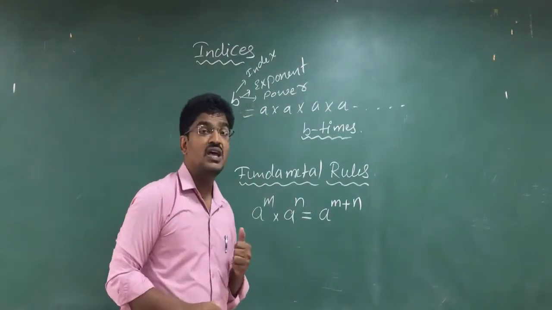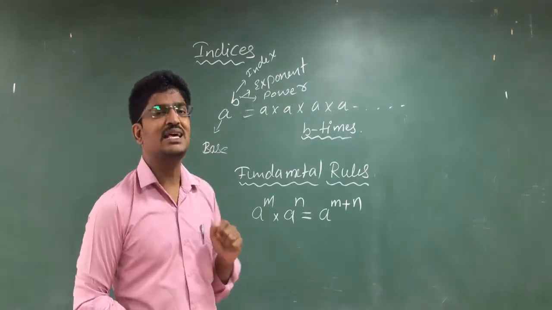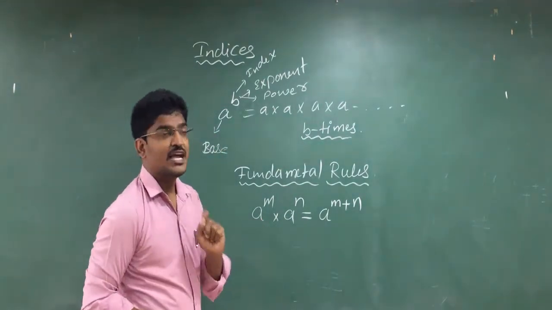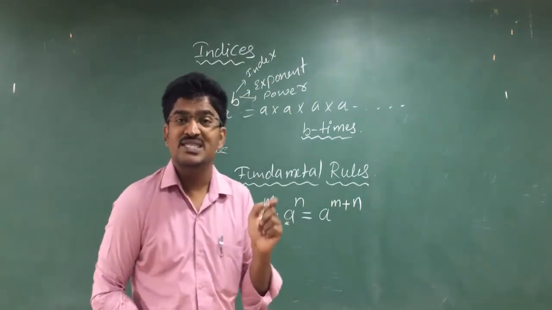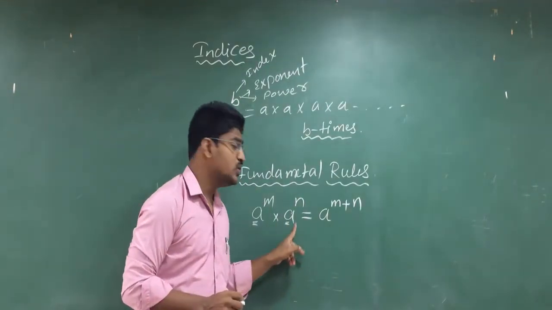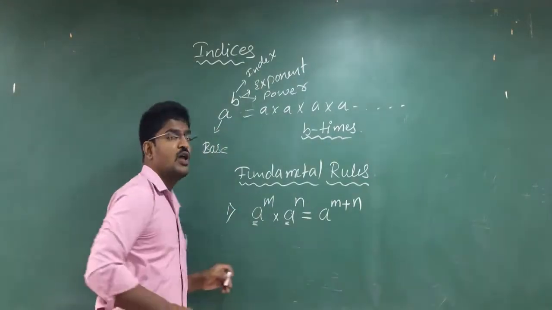So here you must understand one thing, that is, a and a must be equal. That means the base has to be the same. If the base is equal, you can apply this rule or this formula, whatever you call.